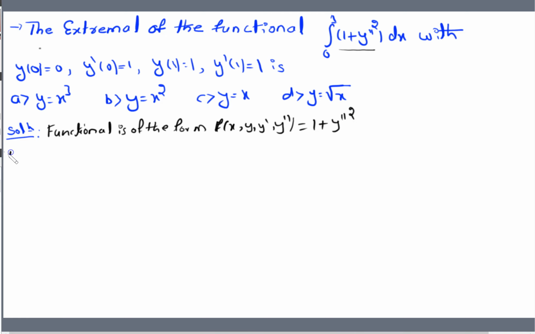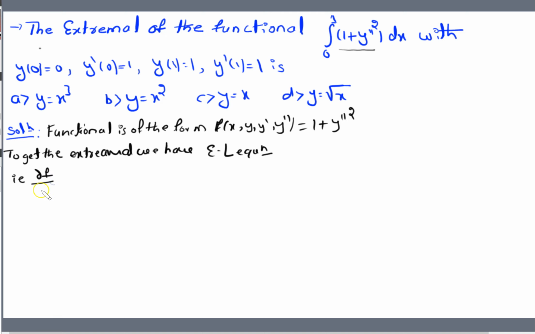To get the extremal, we have Euler-Lagrange's equation.